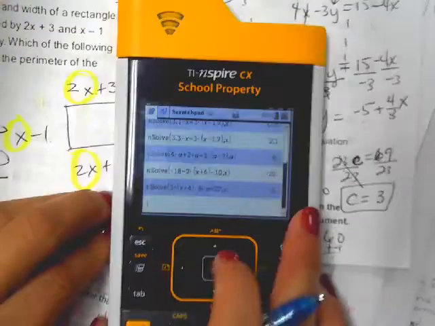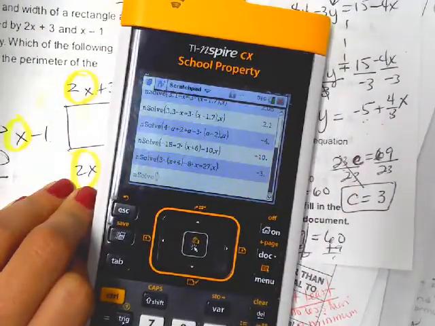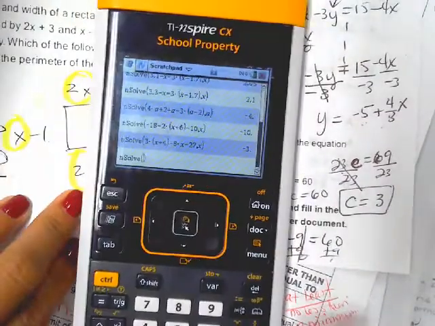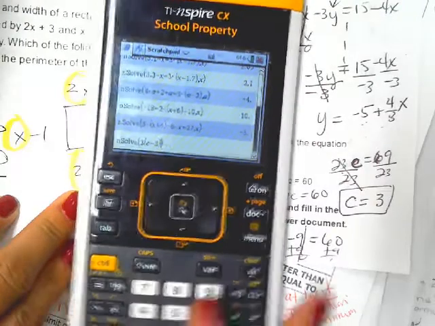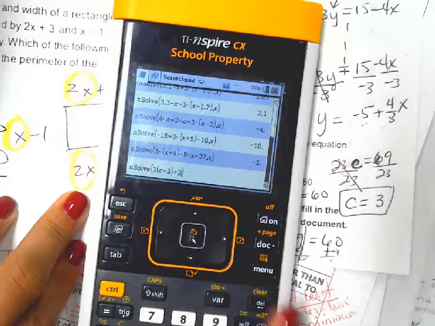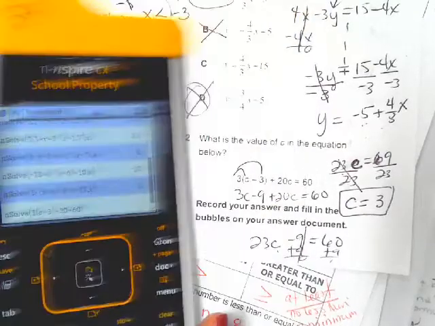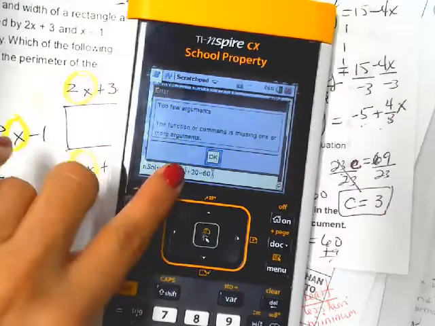Again, you could have used n-solve. Menu, algebra, numerical solve. 3 parentheses, c, minus 3, oops, yeah. Close parentheses, plus 20 equals 60. And enter. Oops. Don't forget that comma, what we're solving for.